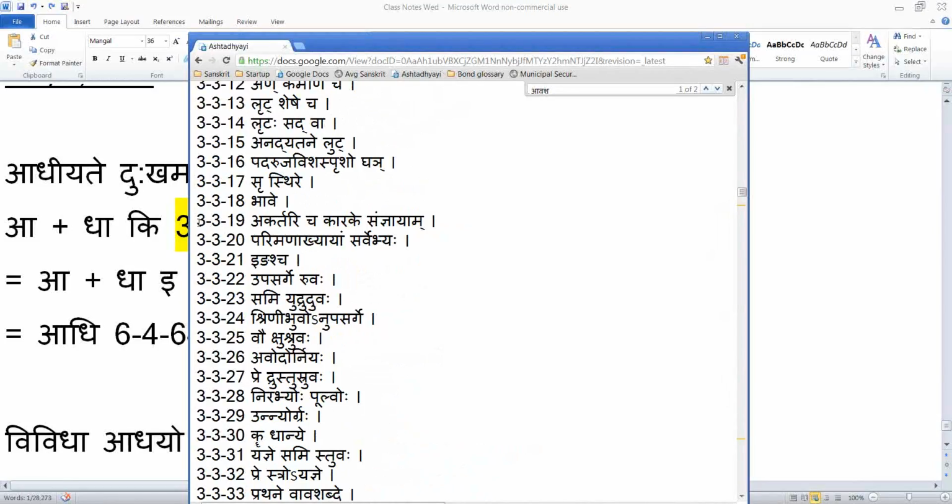It's a very important sutram which we have emphasized many times in the class. It is not only bhave, not only the abstract noun, not only the action represented by the verb, but any other karaka except kartari, akartari. So it cannot be the doer of the action. It can be that by which the action is done, that in which the action is done, etc.